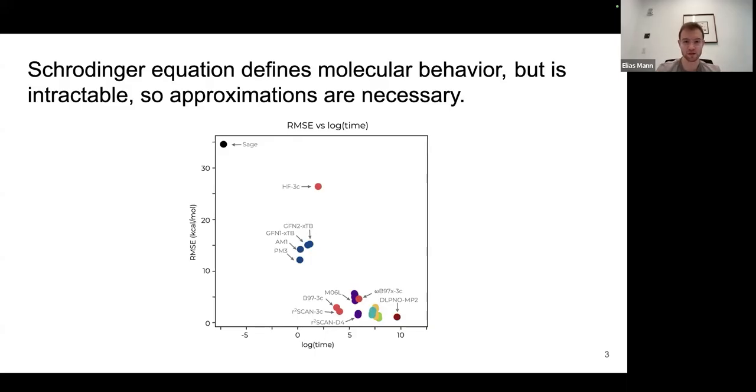So what can neural networks do here? This is just an example in green here of some recent neural networks and where they kind of break the trend on this Pareto frontier. Look, with models like AIMNet, for example, you can train highly expressive neural networks on data generated from DFT results. And if you can approximate those really well, and you can verify that they generalize, you can have really accurate simulation at a fraction of the cost.